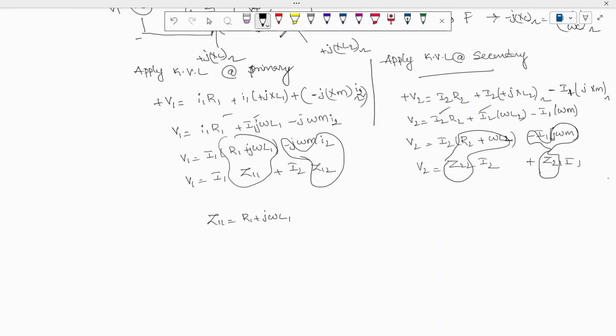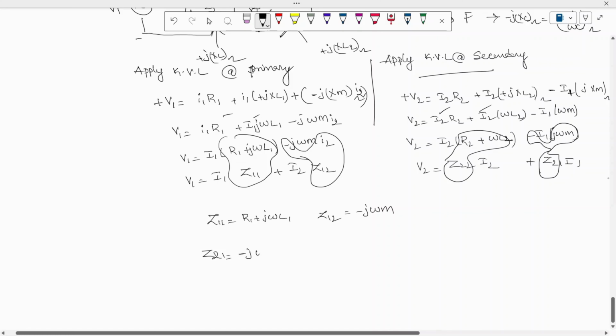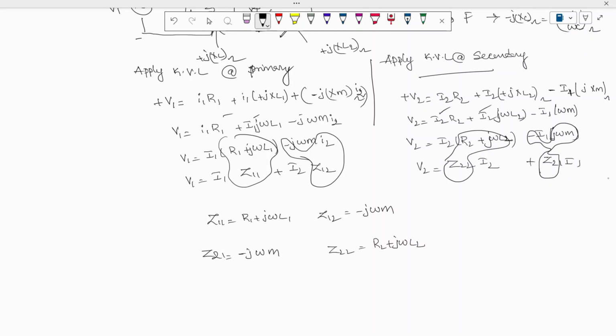And Z12, where only I2 is separate, we get minus j omega M. Similarly Z21 we can write as minus j omega M, and Z22 is R2 plus j omega L2.